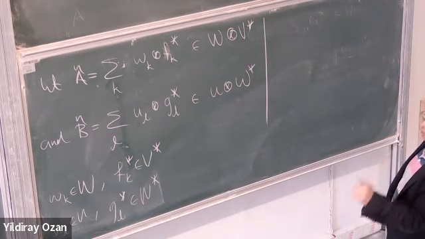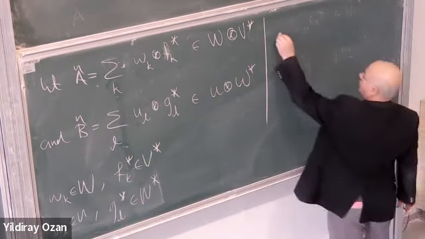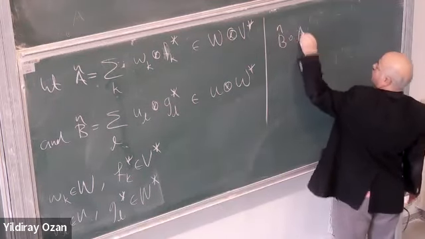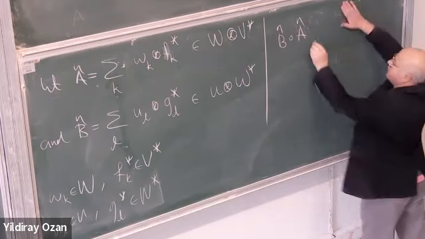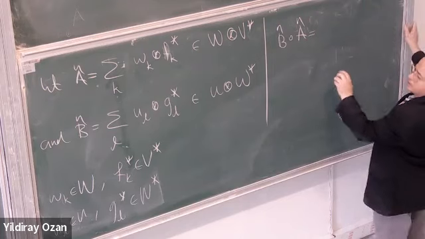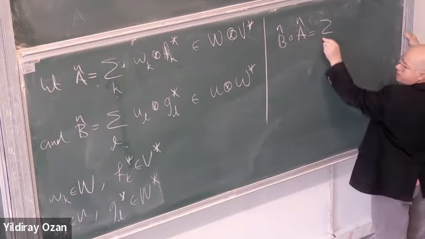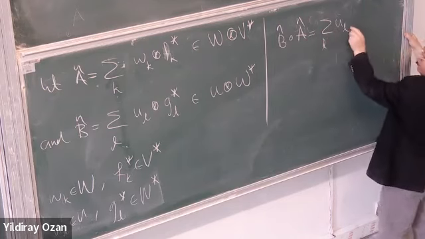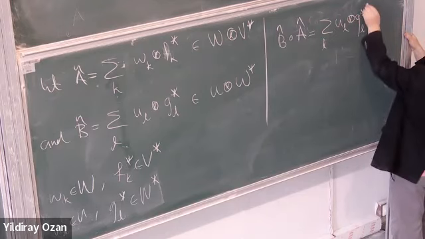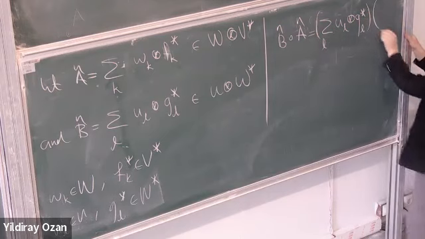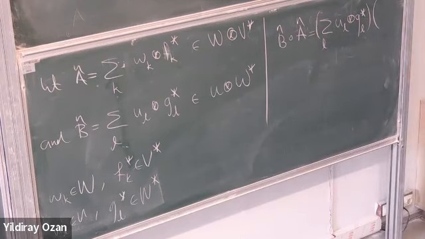So B hat composition A hat is what? Well, B hat is just this gadget, summation over L, U L tensor G L star, and you compose this by A hat.